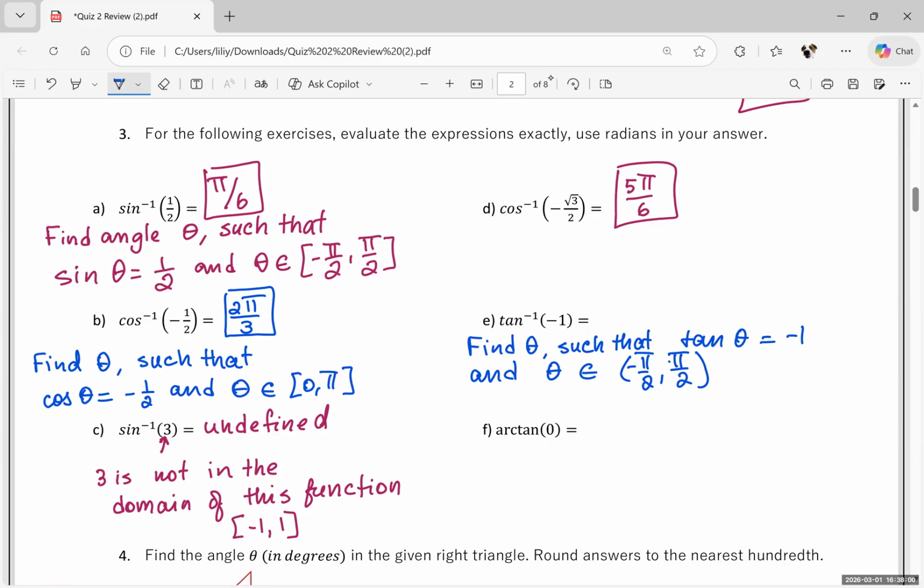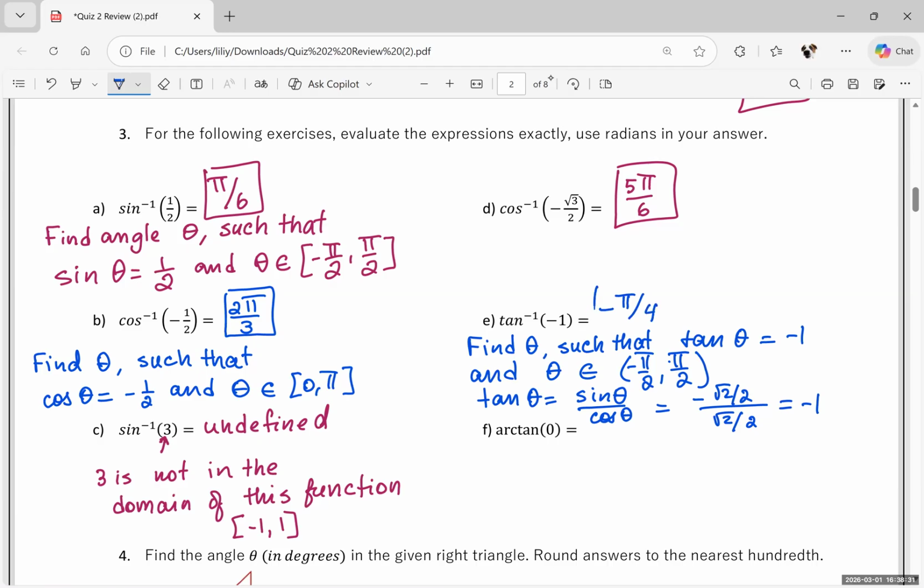Sine will be negative and cosine will be positive. Tangent theta is sine theta over cosine theta. In quadrant 4, sine theta is negative square root of 2 over 2. Cosine theta is square root of 2 over 2, which is -1. But it is true for theta equals -π/4.